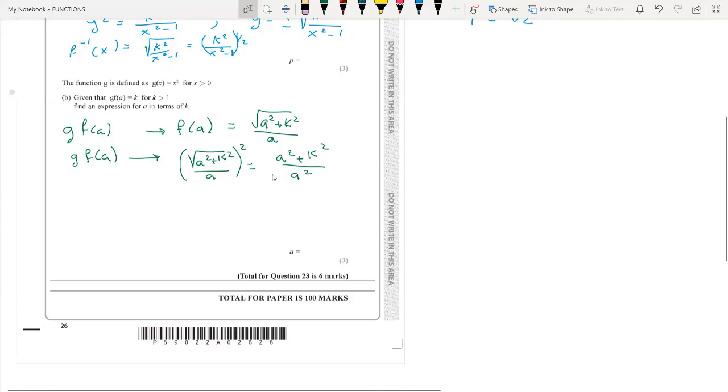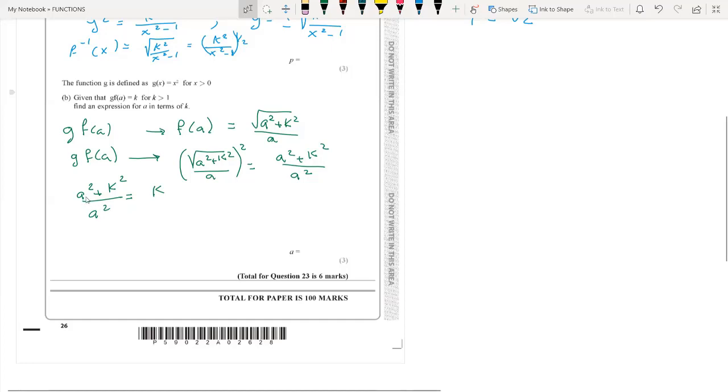Now, find an expression for a in terms of k. We have g f of a equal to k, so a squared plus k squared over a squared is equal to k. This is given in the question. What we have to do is make a the subject of the formula.